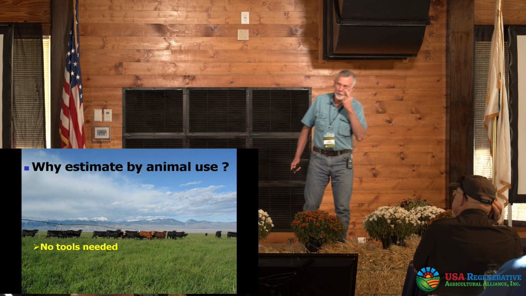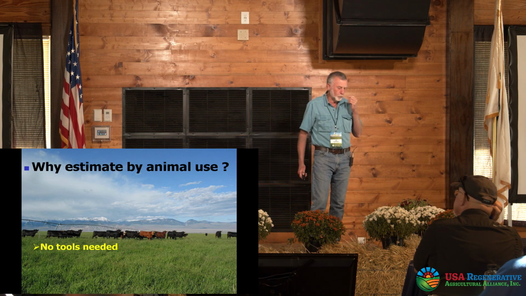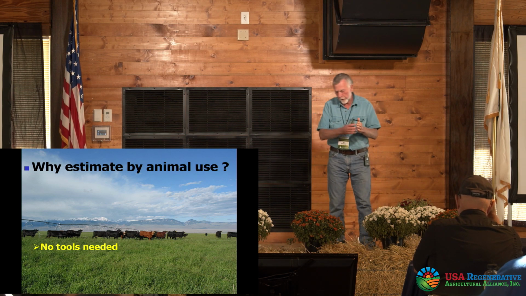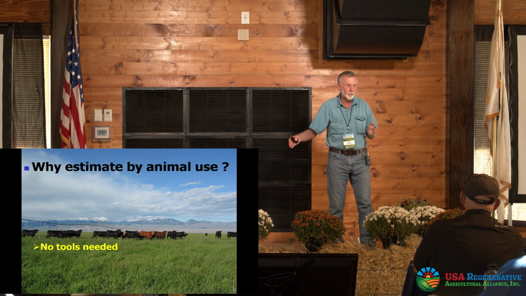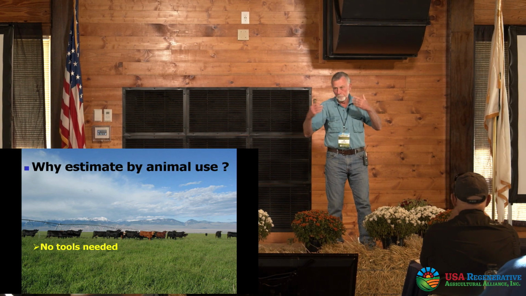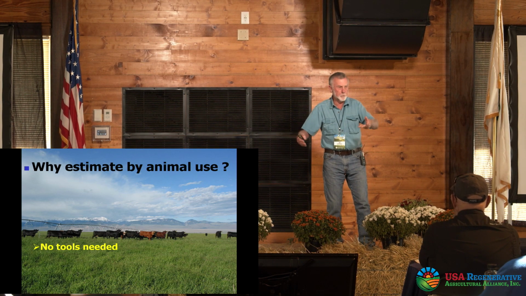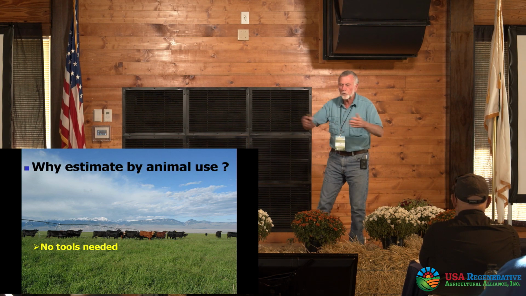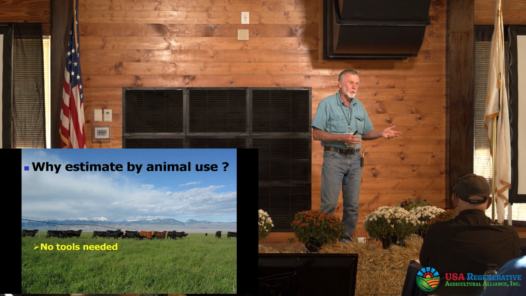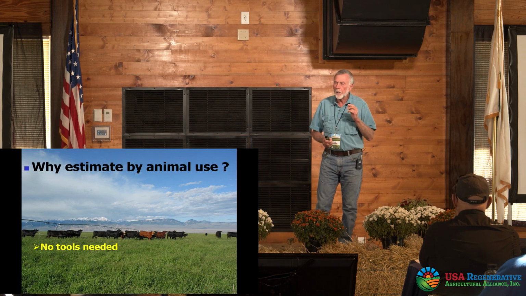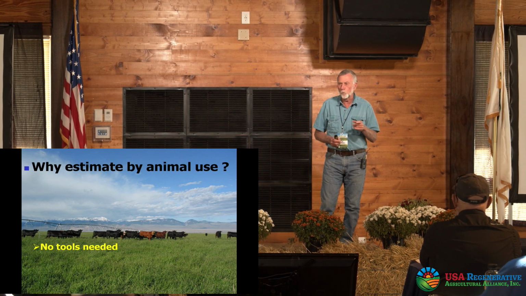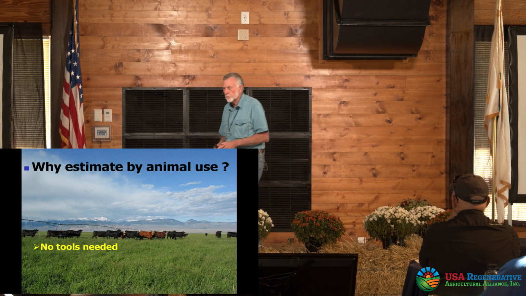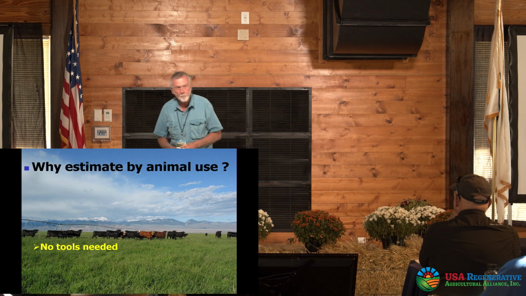Back in the 1970s, the New Zealanders were looking for tools for their farmers because they were 50 years ahead of us in adopting controlled grazing, management intensive grazing, short duration, high intensity grazing, whatever term we want to use. They were 50 years ahead of us. So in the 1970s, they were looking for easy to use tools for their farmers to do exactly what I'm talking about here: pasture inventories, grazing wedges, things like that.